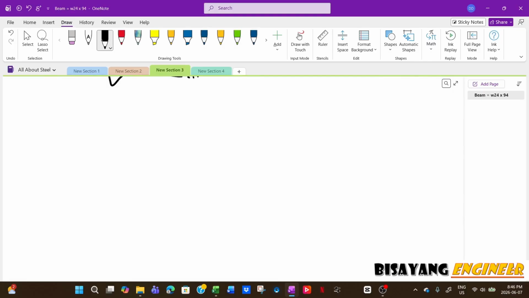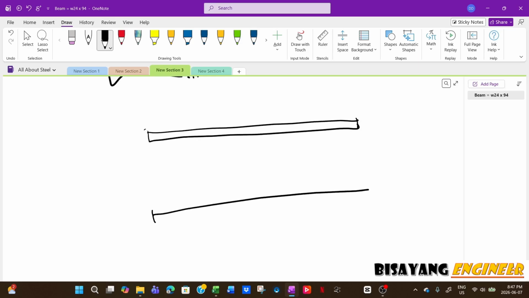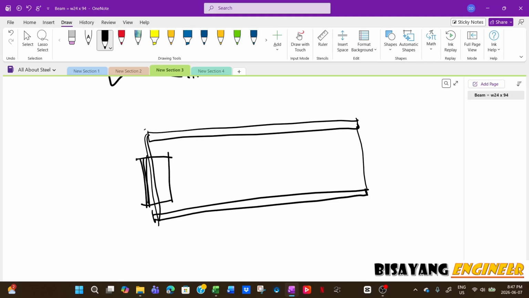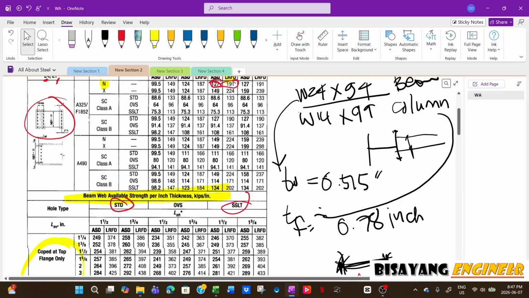So if this is your beam, right? And then this is your angle connection. That LEH is, if you look at the table, the distance between the end of the beam to the bolt line.